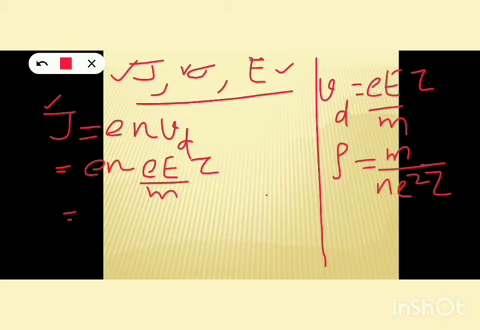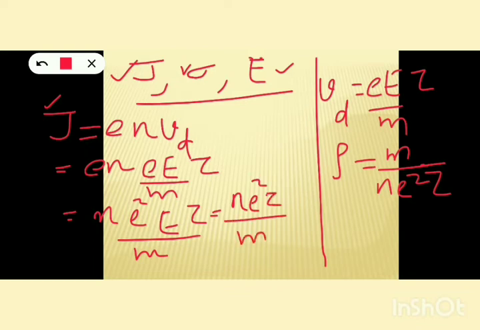So we have J equal to N into E square E into tau by M. Let's write this N E square tau by M together, equal to N E square tau by M into E.